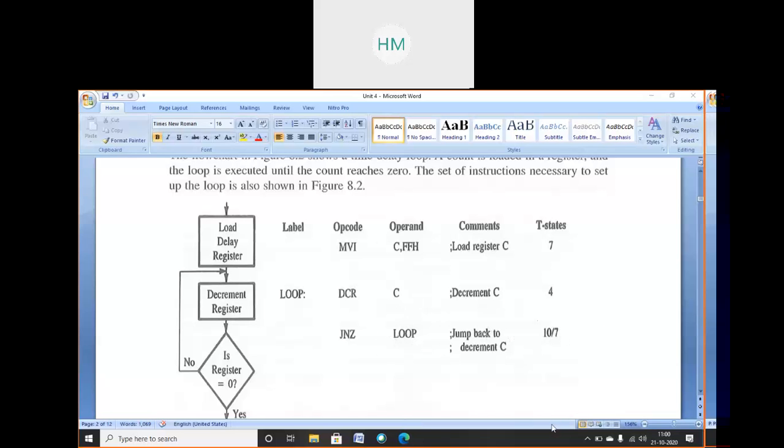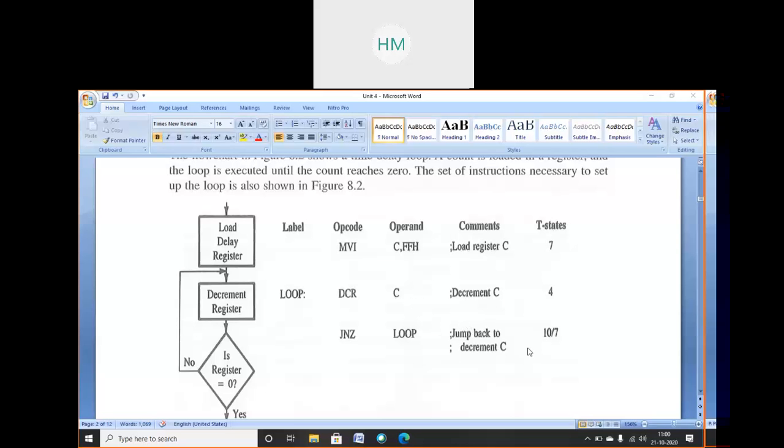Okay, count continuously decreases. There are count, तो कितने passes होंगे इसके अंदर? Count -1 because last pass I will come out of the loop. So count continuously decreases and there are count -1 passes through the loop when the condition is met. The number of T states that elapse while the count in register C is not equal to 0 are.